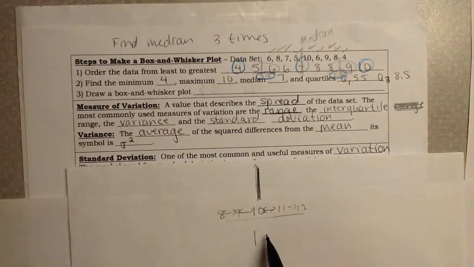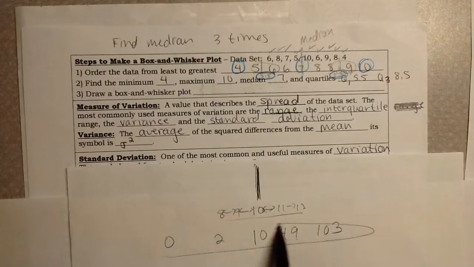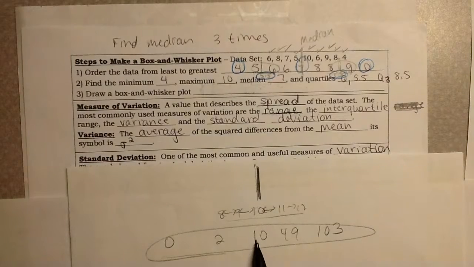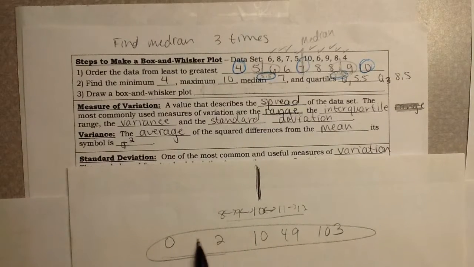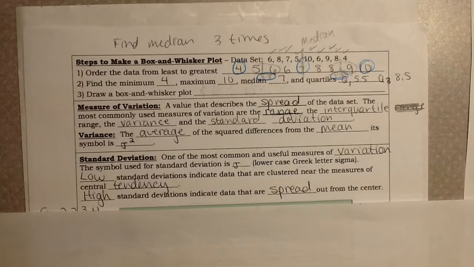But if I have, let's say 10 and I have 49, 103, and then maybe 2 and 0 over here, this would have a high standard deviation. Think of deviating from the mean. Lots of distance from the mean here, small distance from the mean here, so the standard deviation is low. If you have a high standard deviation, that indicates that the data is spread out from the center.